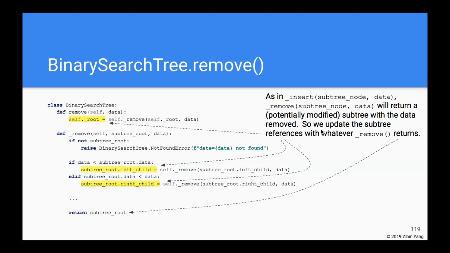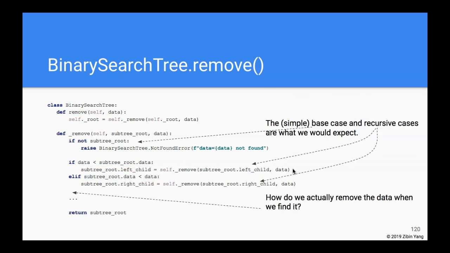In either case, underscore remove will return the root node of the subtree with the data removed, and therefore we will always update the root node of the subtree with the one that's returned by underscore remove. Now we can look at the simple base case for underscore remove.